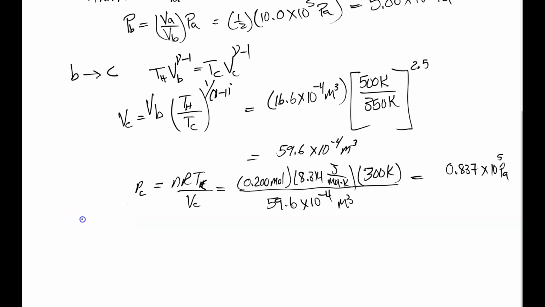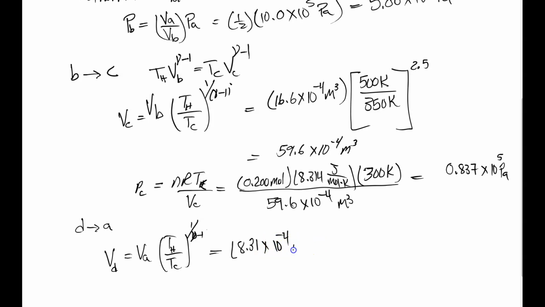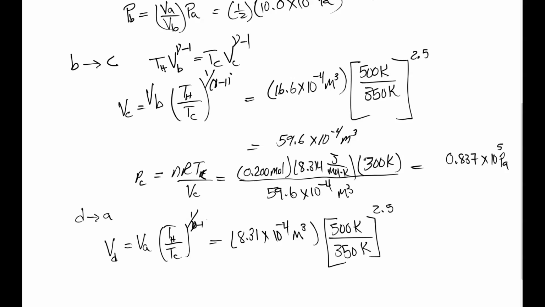And for the adiabatic process now from D back to A, we can use that V at D, as we did before, is V at A times T_H over T_C to the 1 over the ratio minus 1, which is 8.31 times 10 to the negative 4 meters cubed times 500 K over 350 K raised to the 2.5, which gives us a volume of 29.8 times 10 to the minus 4 meters cubed.